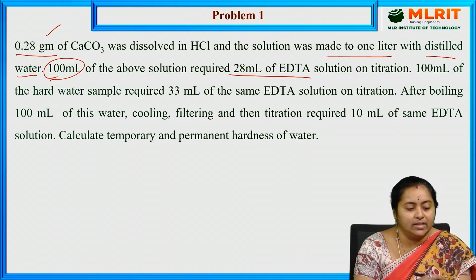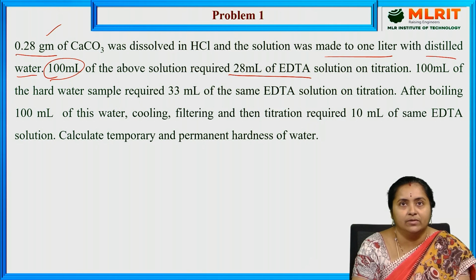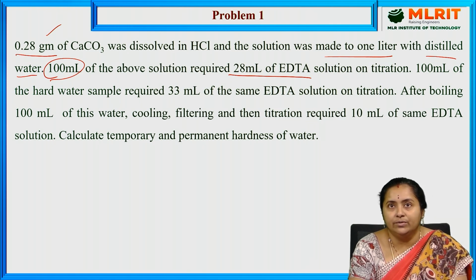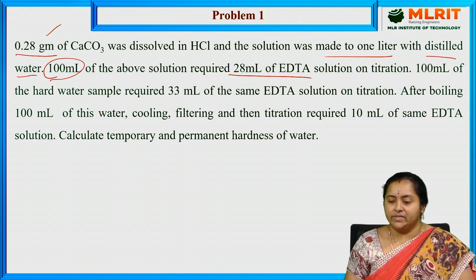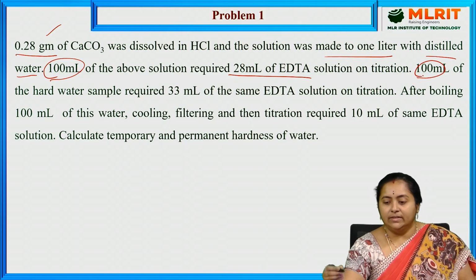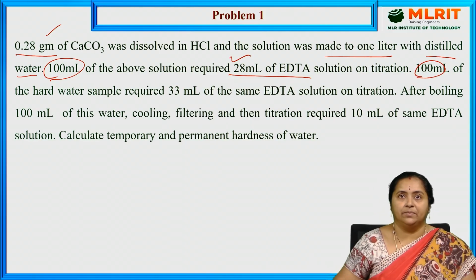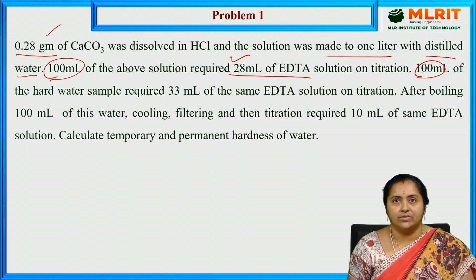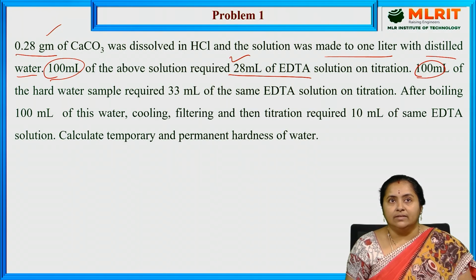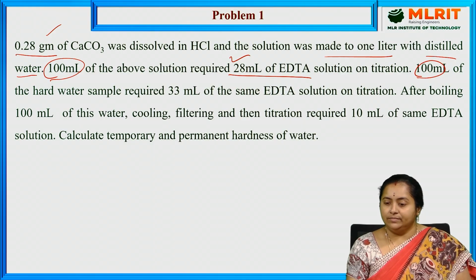When this 100 ml of prepared solution was titrated using disodium salt of EDTA, it consumed 28 ml of EDTA. This is step 2. From step 2, we are able to calculate the molarity of disodium salt of EDTA using the step 1 molarity, that is, the molarity of standard water solution.